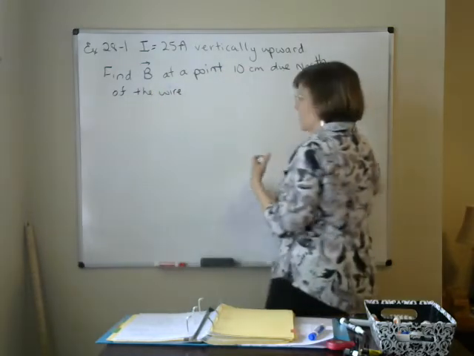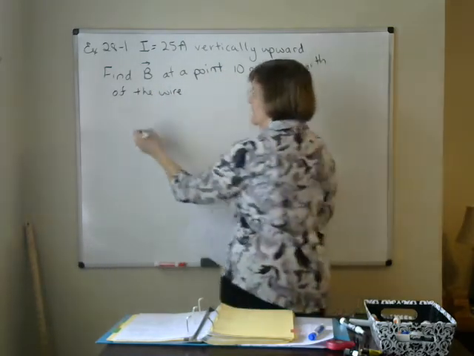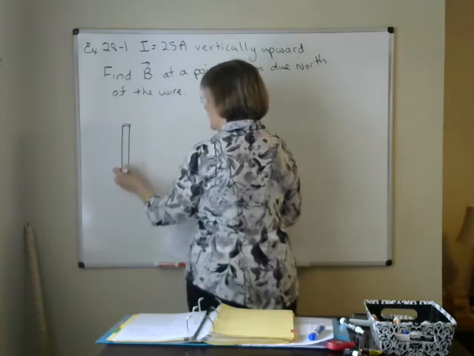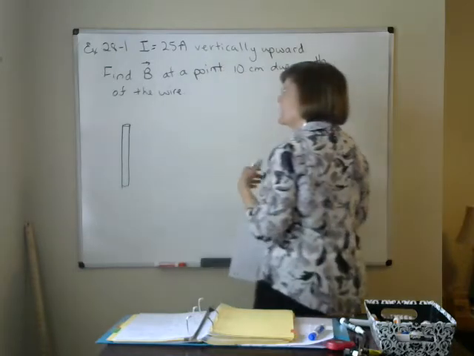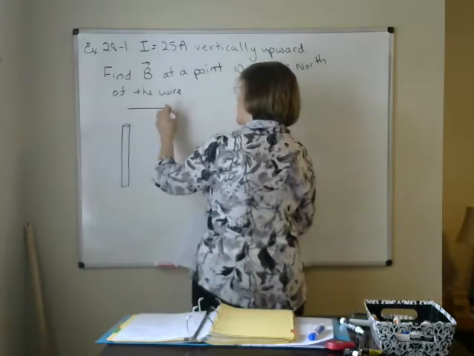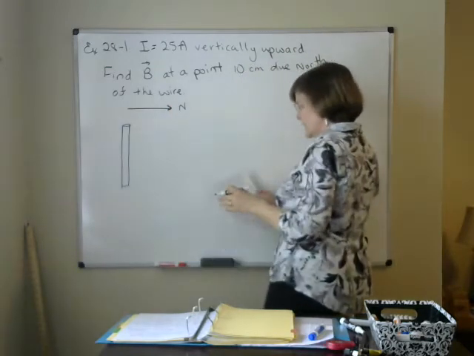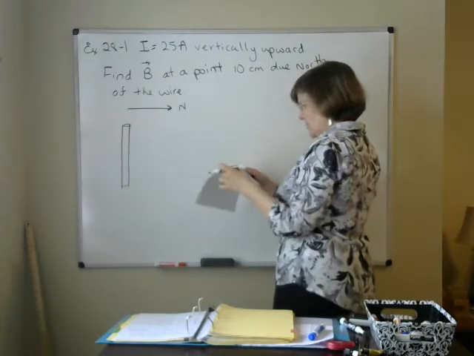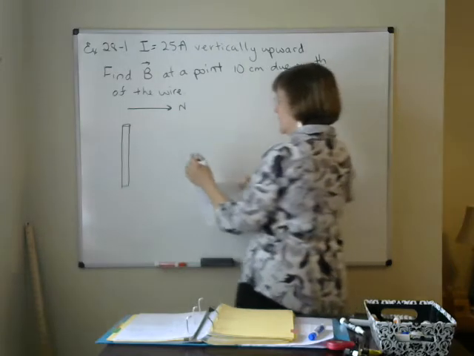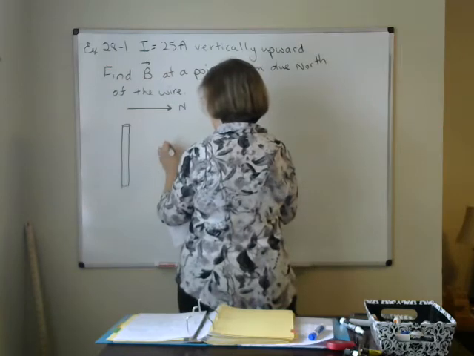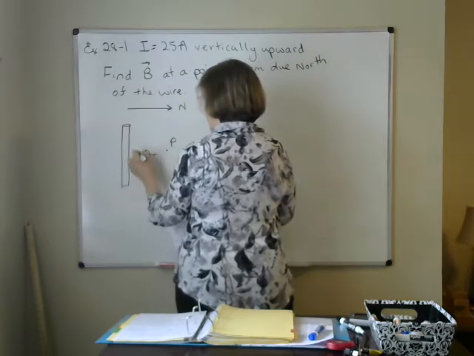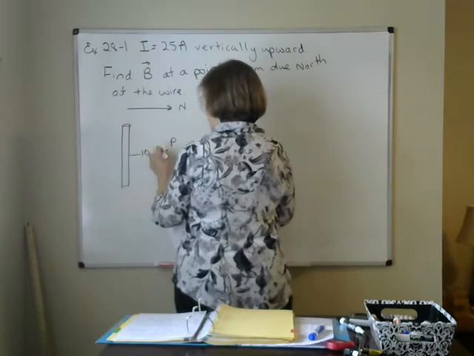Okay, so we can picture a piece of wire that's just being held straight up like this. Let's just assume for this example that we happen to know that this direction is north, in the north, south, east, west world, in which case they tell us that we want to find it at a point P that's located 10 centimeters to the north from this wire.